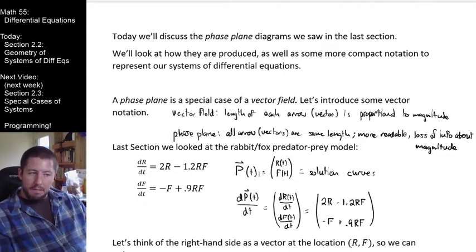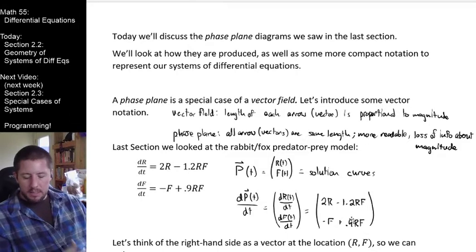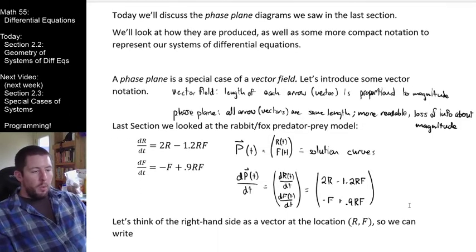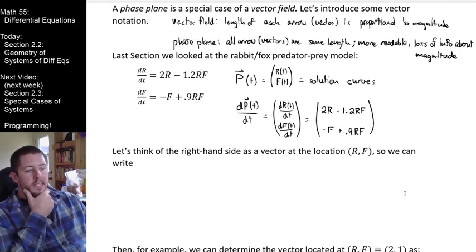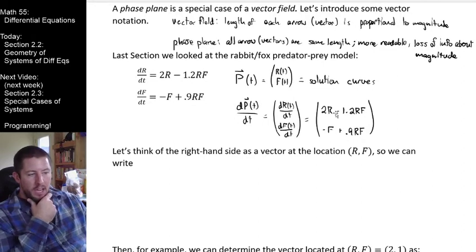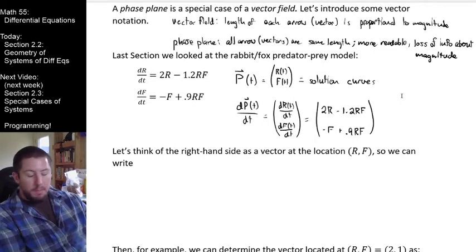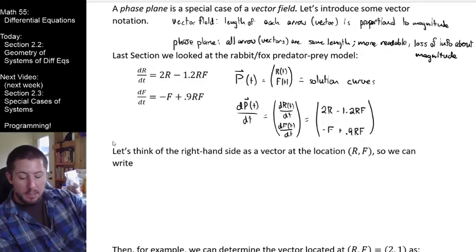So here we're building a vector p of t for our solution curves. The derivative of p of t is the individual derivatives of the solution curves, which is exactly our differential equation right here. And so I've just got our two differential equation expressions sitting right there, right? What we want to do is think of this right-hand side as a vector at the location rf, right? So what this means to me is I can rewrite this, so maybe some different notation would be the vector field at the location rf, right?